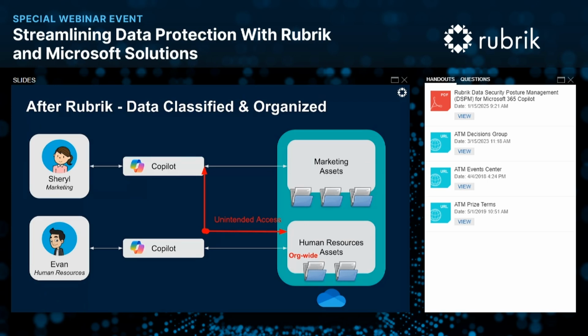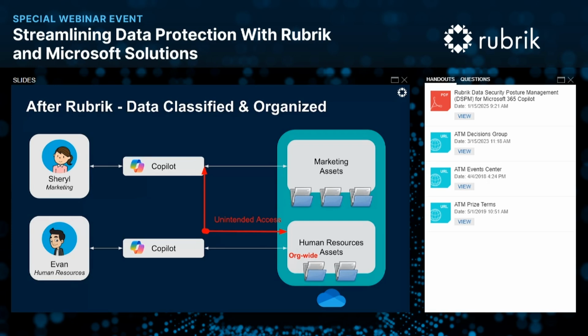It doesn't need to just be HR resources, right? But right now, we can at least know what data we have where. We still haven't fixed the unintentional access. We can also see that we might have some org-wide shared sensitive data. We still haven't tackled that, but at least now we know what we have where.